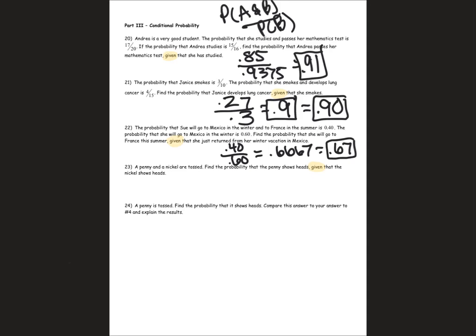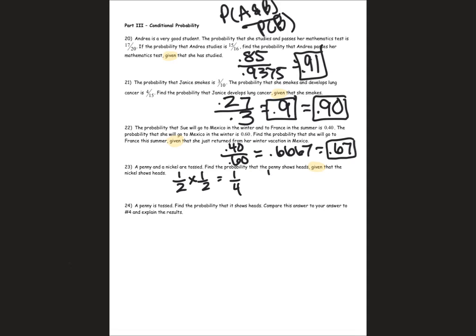All right, 23. A penny and a nickel are tossed. Find the probability that the penny shows heads given that the nickel shows heads. Okay, so probability of A and B. So the probability that I have a penny and a nickel, okay, it shows heads because there's only two sides, okay? So this is 1/4.